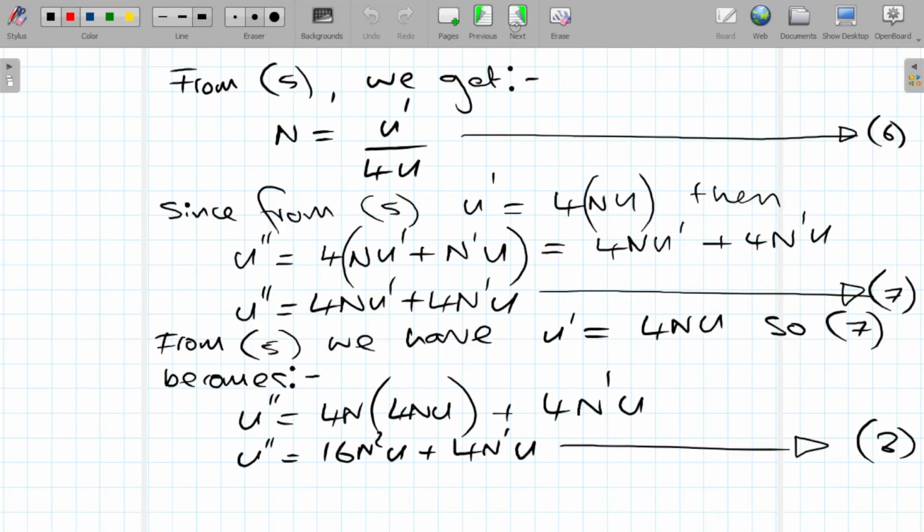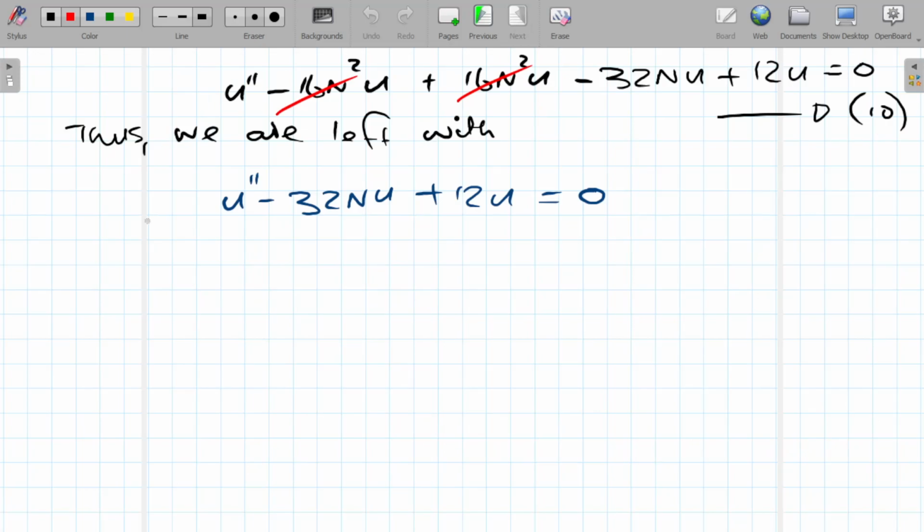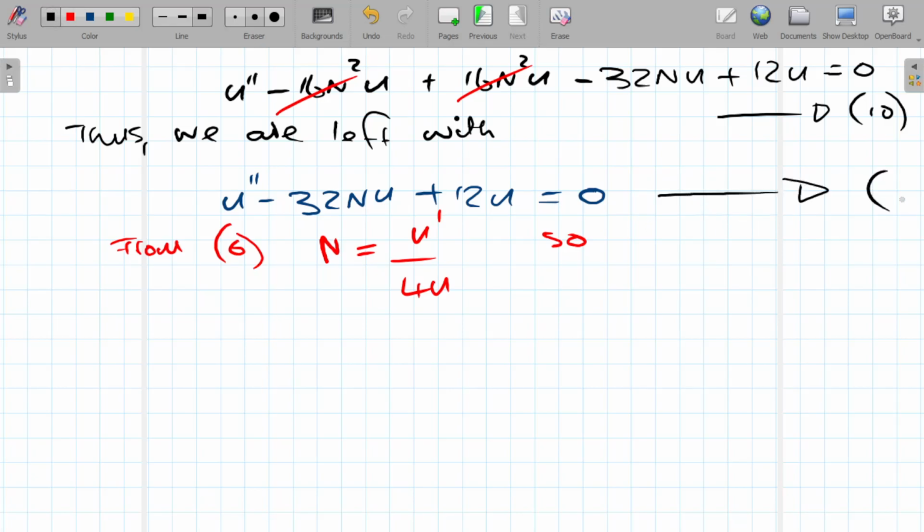So let's just have a look. Yes, so from equation 6, we've got that expression. So from equation 6, n equals u prime over 4u. So I'm actually going to label this equation. So we'll call that equation 11.